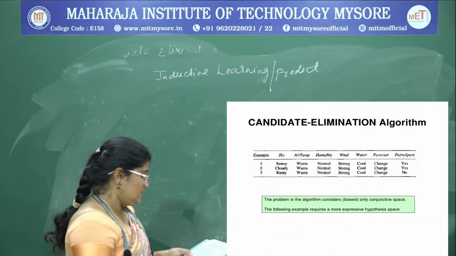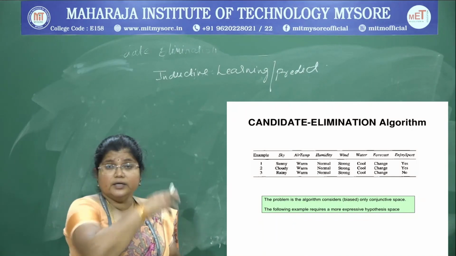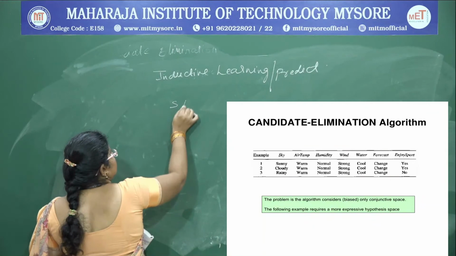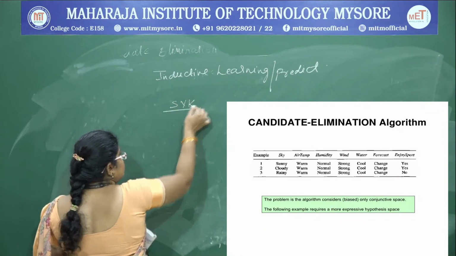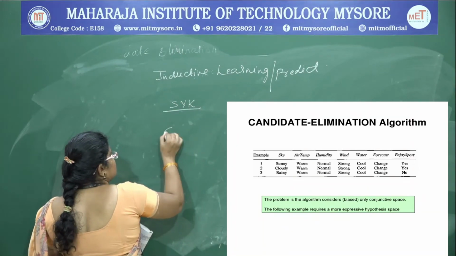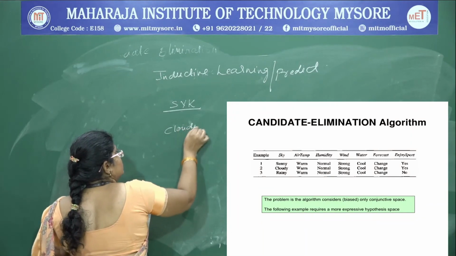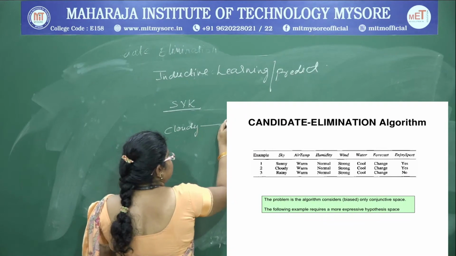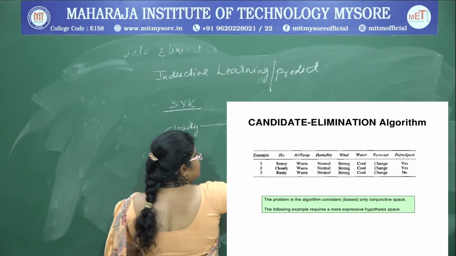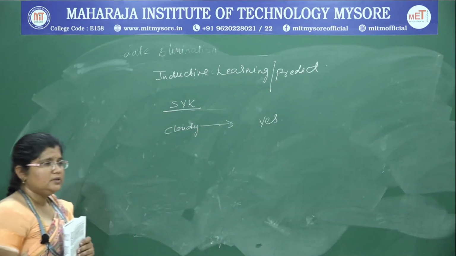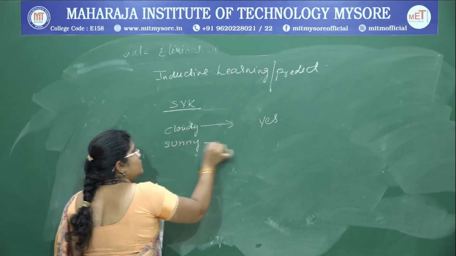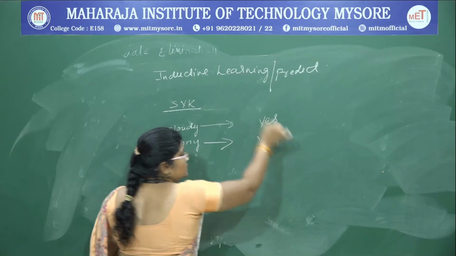So here, in the sky attribute, there is cloudy. If it is cloudy, he can play the water sport, and if it is sunny, he can also play the water sport.